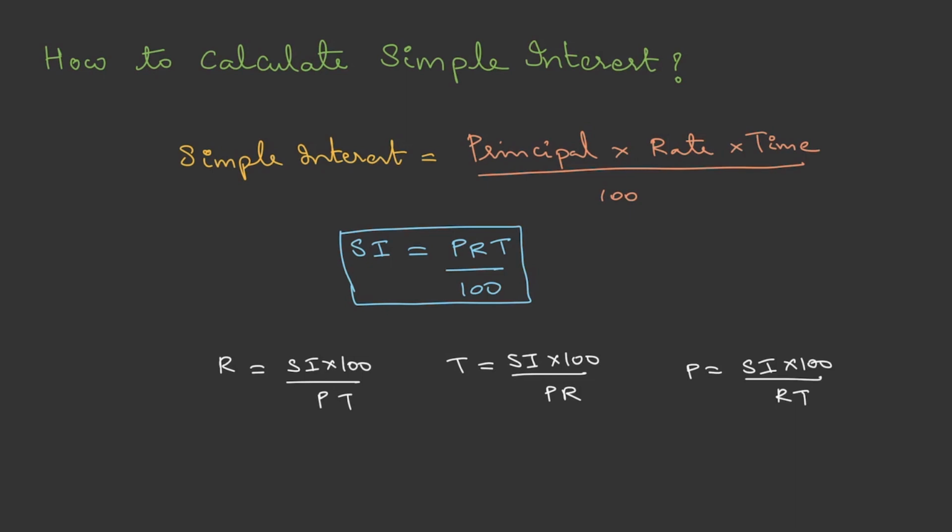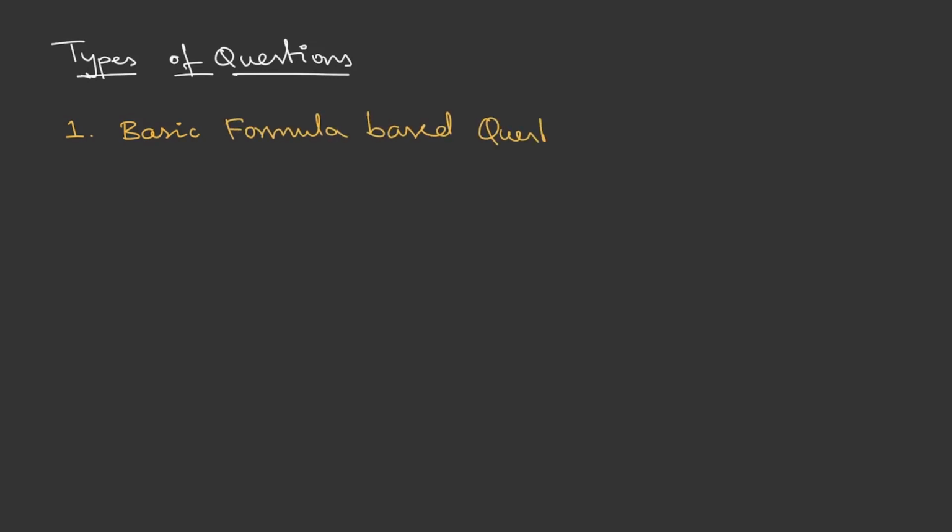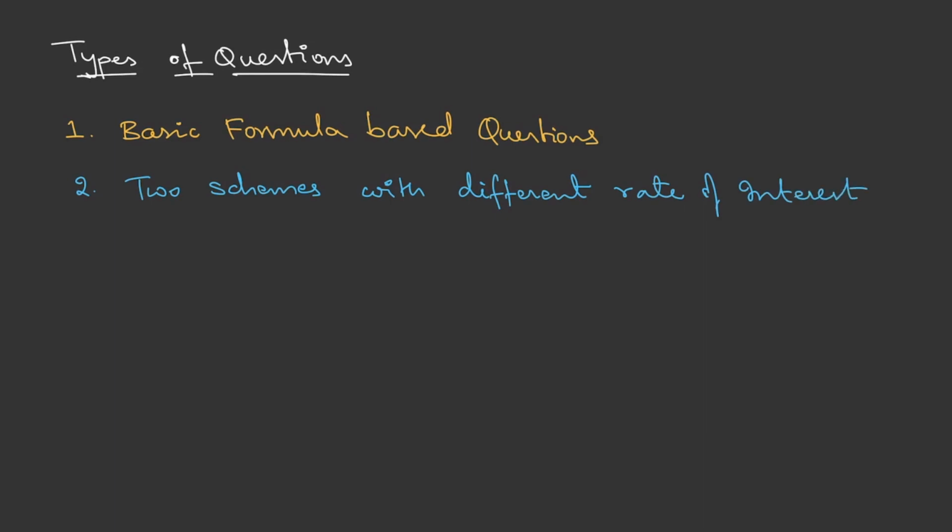Okay, now let's look into the different types of questions asked from this topic. The first one is direct formula based questions, which are the basic format. The second one is two schemes with different rates of interest.